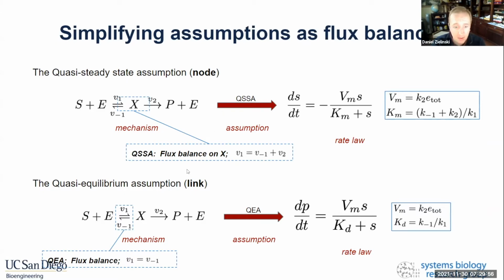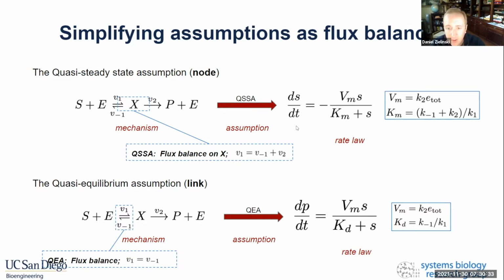So there are different ways that we can apply assumptions in order to reduce the complexity of these reaction systems. We can model these as a network of mass action reactions, but oftentimes it's convenient for analysis and our understanding of how these reaction systems work to apply certain assumptions to collapse these enzyme reaction networks into a single overall rate law for the formation of our product.